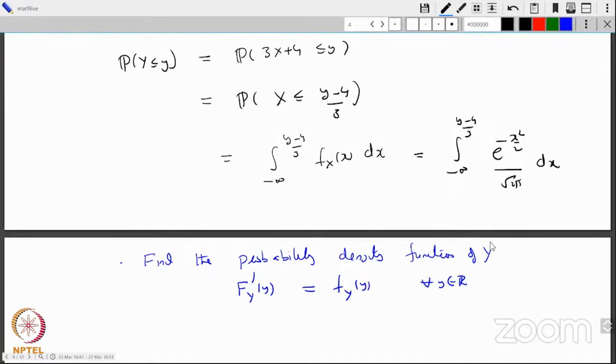Can someone differentiate the top and let me know? Because this is F sub y, right? F sub y at y is this. So I differentiate this expression right here to get the density. Anybody on chat who can answer the question?